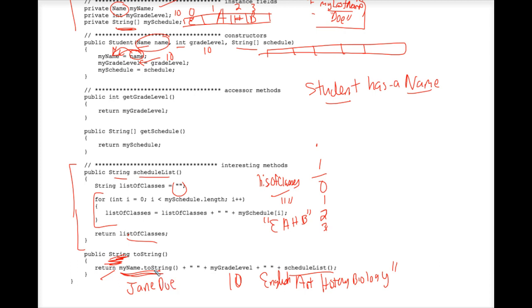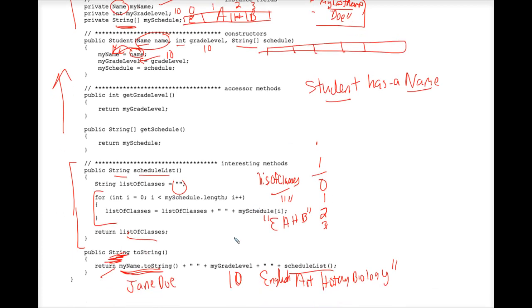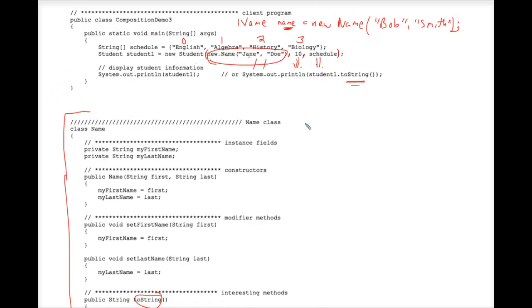Got to pay attention to which toString method this is referring to. This call statement, my name.toString, is actually making use of the toString method that's up here in the name class. But we're within the toString method of the student class, which is being called from the client program. So all of this, with a single space here, and so on, this big long string is being returned, and it's being returned to right here.